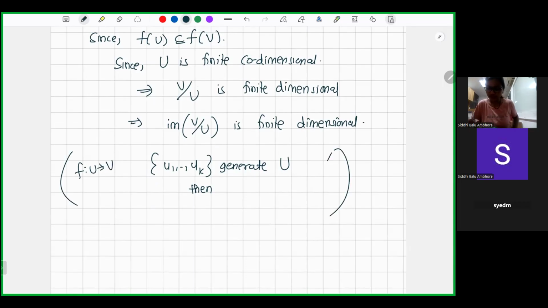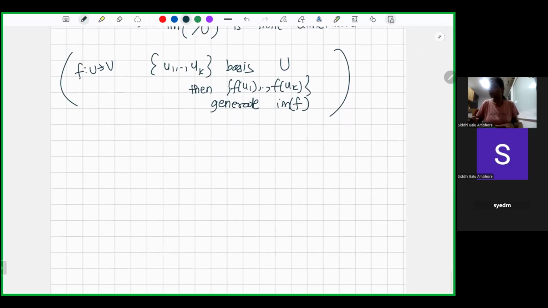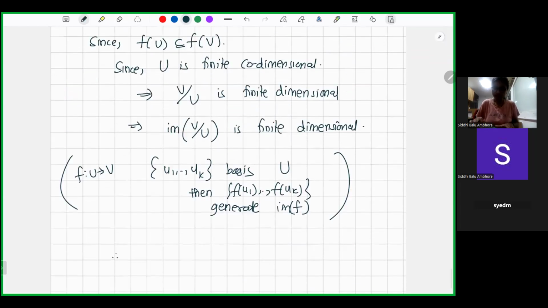If u1 to uk generate U, then f of u1 to f of uk generate the image, okay? If this is a basis, then this generates the image of f. So since this is finite dimensional, this will be finite dimensional. The dimension could be the same or lesser, but at least this will be finite dimensional.